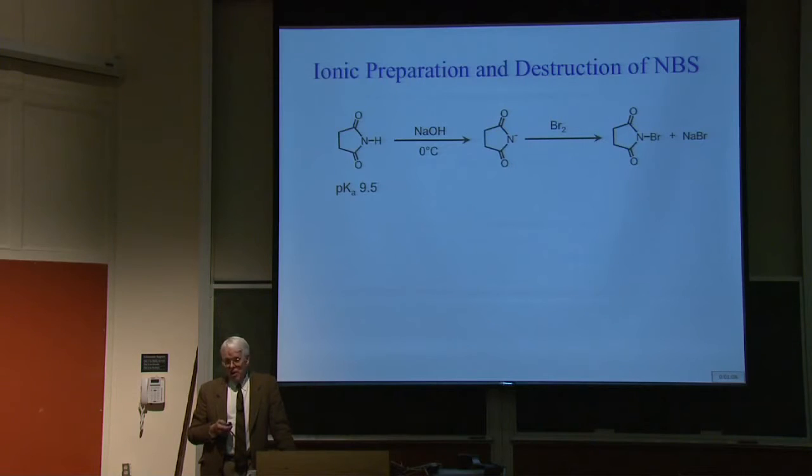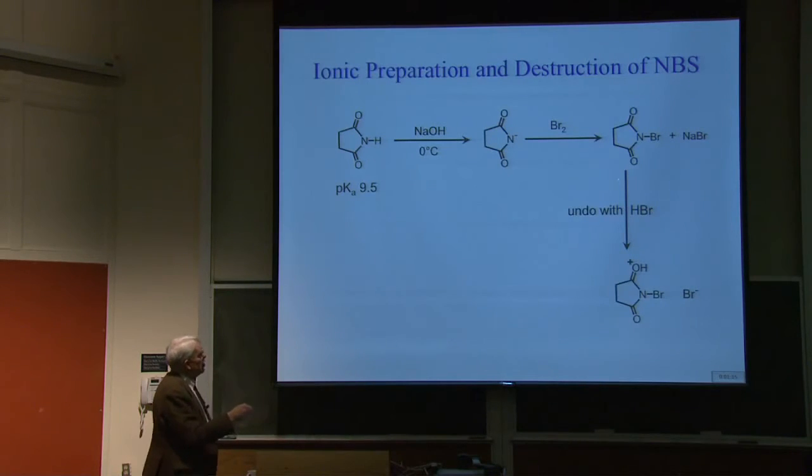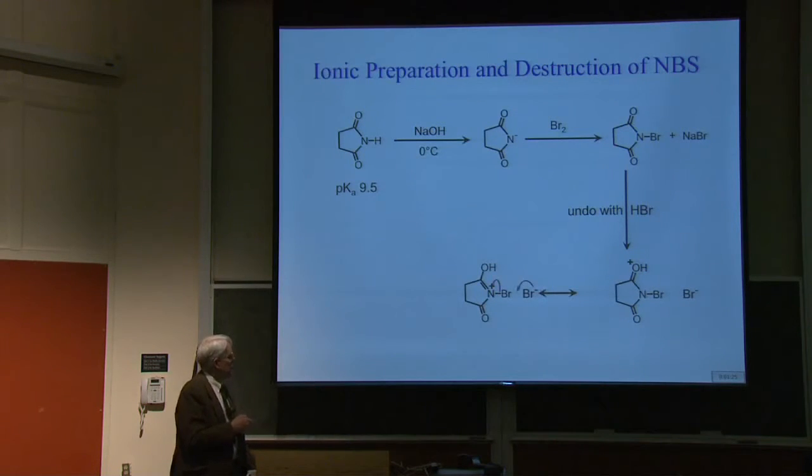But you can take it apart again if, instead of using base, you use acid. So if you use HBr, you can protonate that oxygen, and then you can draw a resonance structure here, like that. So it's easy to protonate here. But now you can take the bromide and do an SN2 reaction on the Br, right?